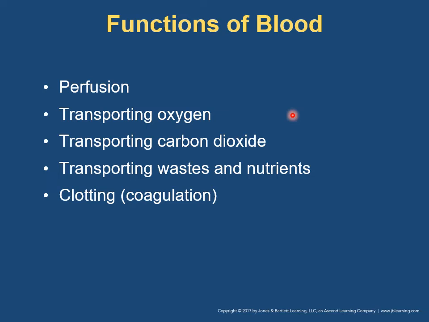So MAP equals HR times SV, and then that number times the SVR. That formula should be in your book. All right, functions of blood. You have perfusion, transporting oxygen and transporting carbon dioxide, transporting waste and nutrients, and clotting or coagulation.